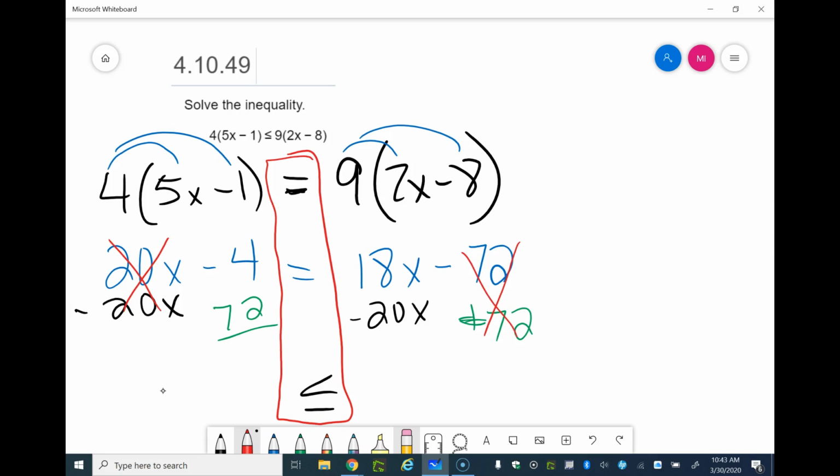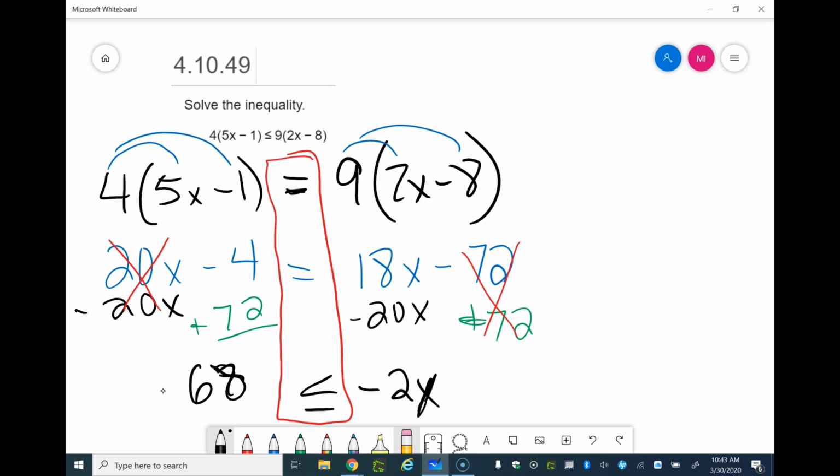Negative 4 plus the 72 will give us a positive 68. Over here, if I do 18 minus 20, that gives us a negative 2x.